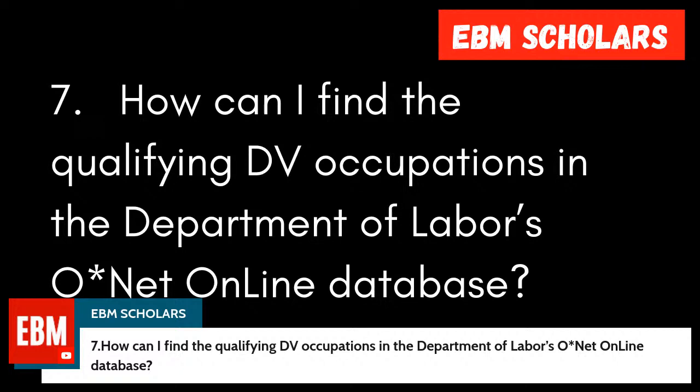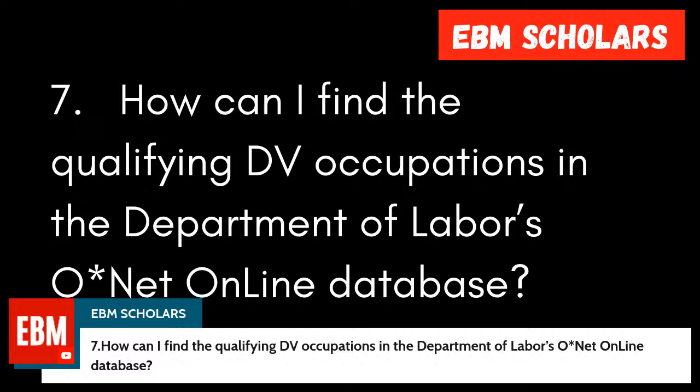Obviously, in order to do that, you have to go to the O*NET Online Department of Labor's database to see if your work experience is within the SVP range of 7 or higher. You can Google O*NET Online to find it. There, you'll see an option called Find Occupations.